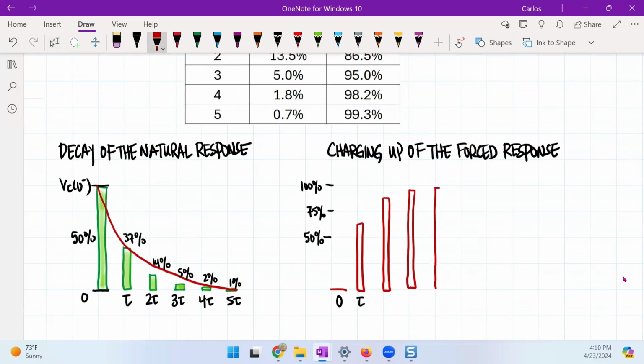In fact, it's a very painful increase at the very end. It looks like it's fully charged, but it's not. It doesn't get there. So if I'm looking at this, we'll do 2 tau, 3 tau, 4 tau, 5 tau.